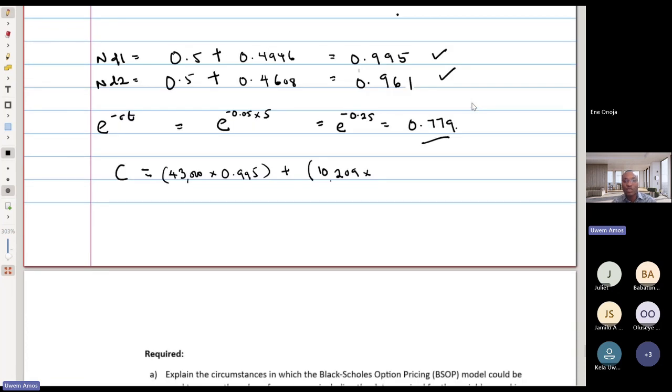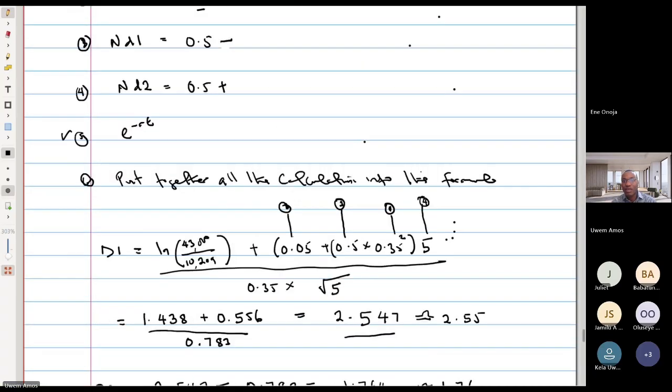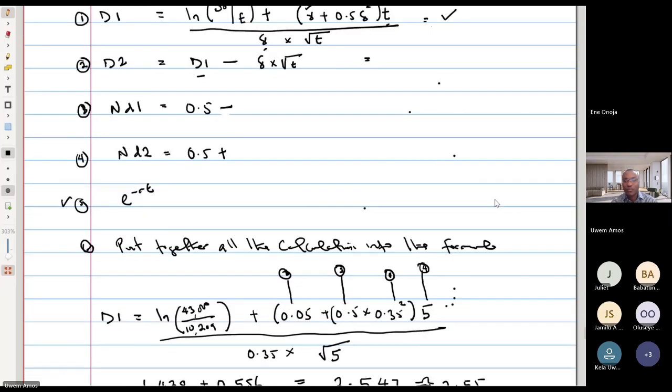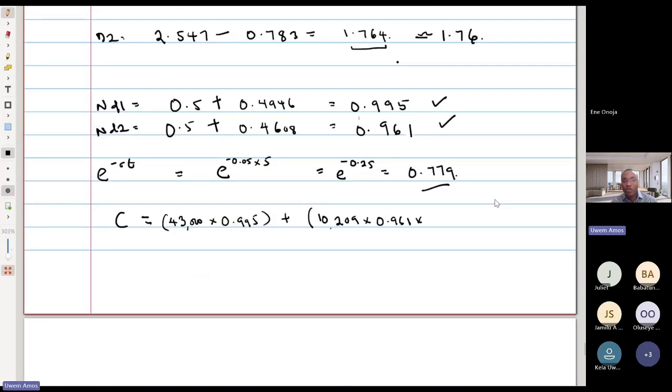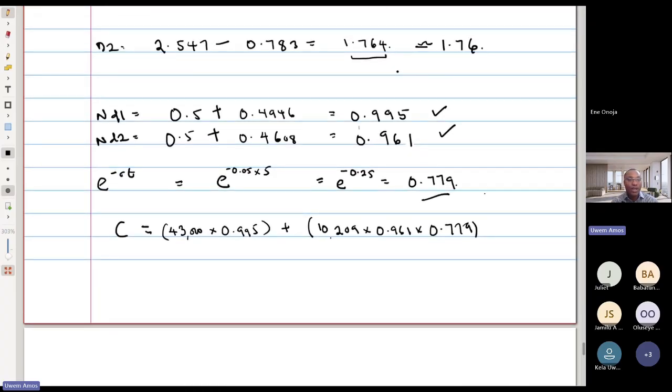ND2 is 0.961. Multiplied by E raised to the power of RT. We just calculated E raised to the power of RT, which is 0.779. Okay. So let's calculate the value of the combined company quickly then.